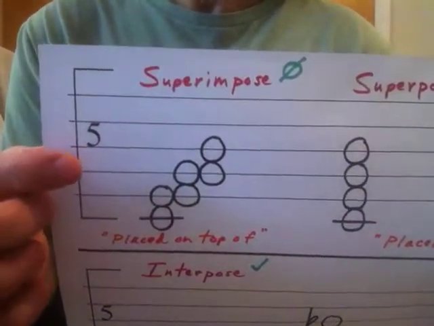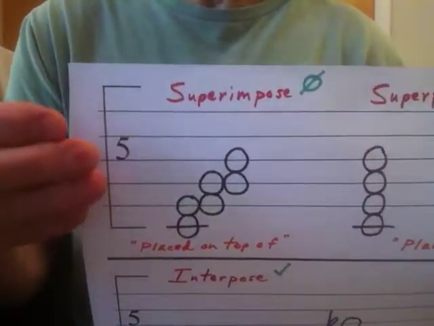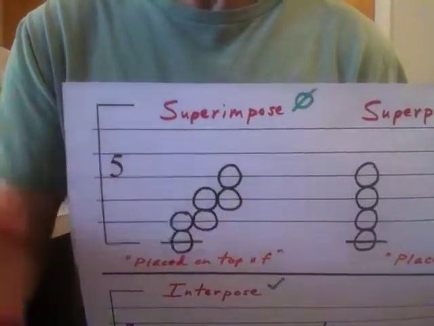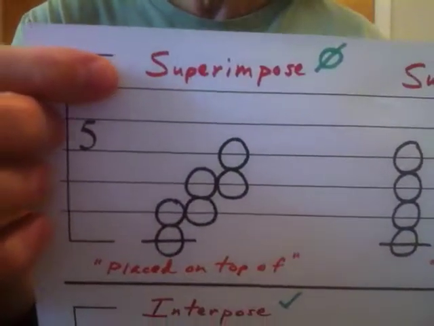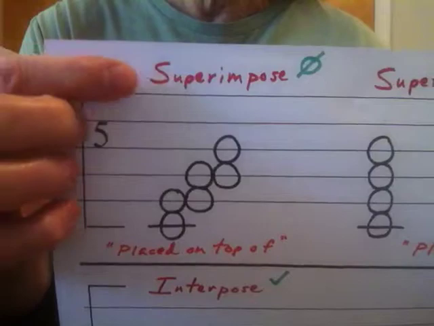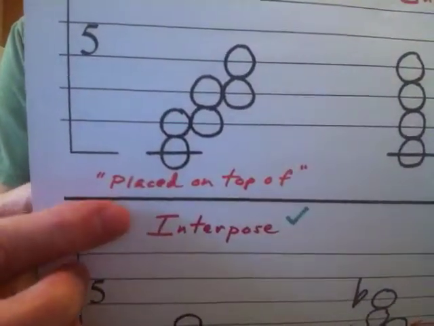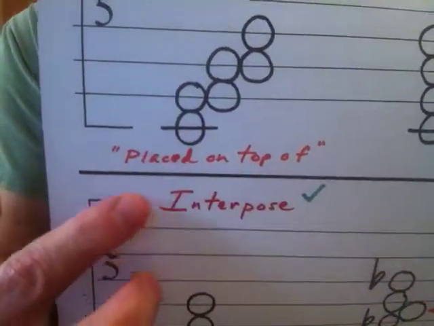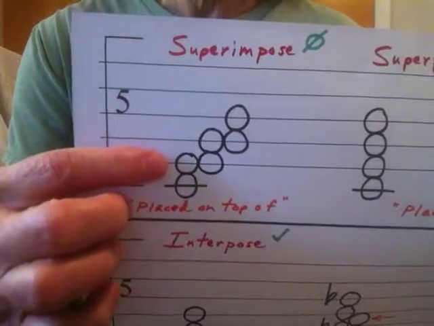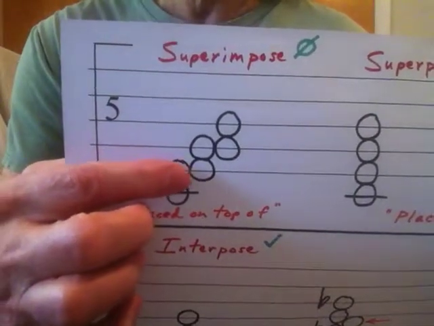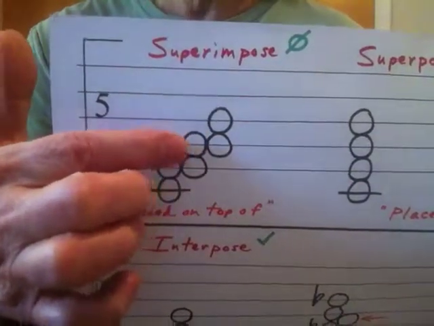Back in the day, people would say, okay, we build chords in thirds, and thirds that are superimposed. But that's not true. When you superimpose, you're actually placing thirds on top of each other. Superimposition means placing on top of. So actually what you'd have is duplicates of, let's say, the E here. You'd have duplicate G's in this situation.